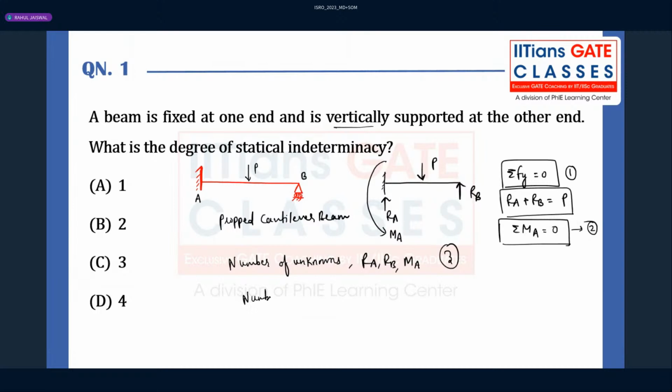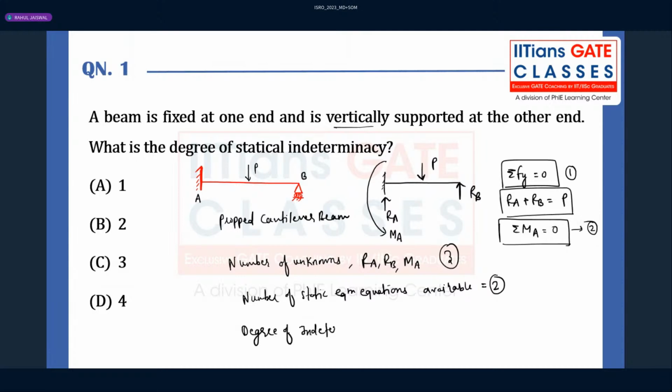The number of static equilibrium equations available will be two. The number of static equilibrium equations available is what? Two. So the degree of indeterminacy will be how much?